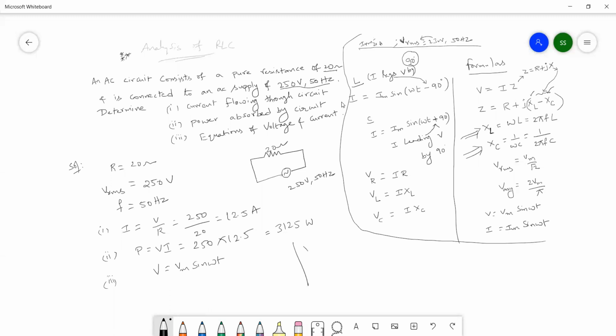So how to calculate Vm? They given VRMS. What is the relation between VRMS and Vm? VRMS equals Vm by root 2. VRMS they mentioned as 250. So Vm equals 250 into root 2.